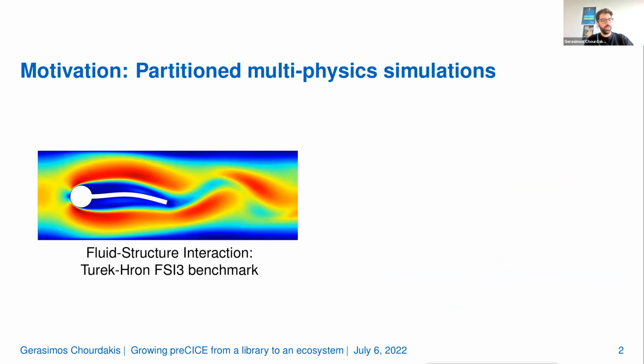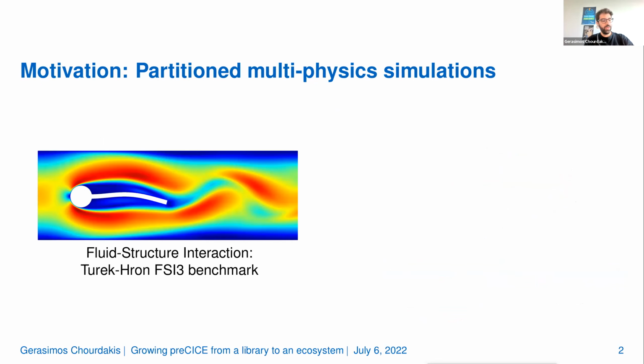So the motivation for a coupling library, or at least for preCICE, is that we want to do partitioned multiphysics simulations. A very classical example is fluid-structure interaction. In this picture, you see a famous benchmark by Turek and Hron, where you have a channel flow. So we have a CFD code, and there is an obstacle in the middle. You may know this picture where the flow around the cylinder creates this Karman vortex street.